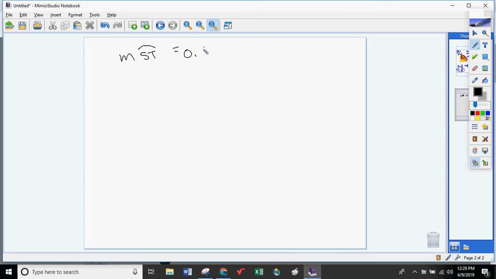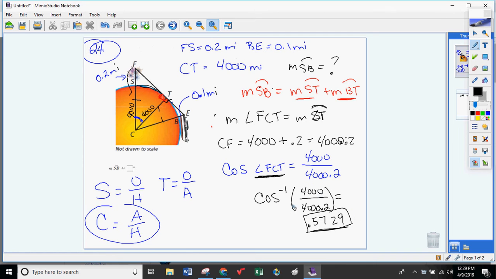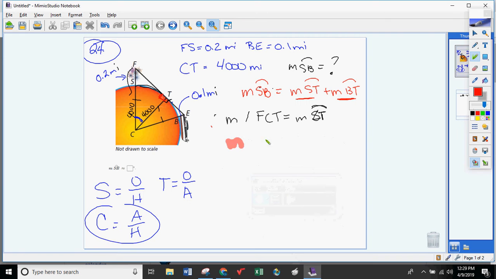So the measure of arc ST is 0.5729. Now I'm going to go back and do this again to find the measure of angle TCE. I'm going to pause this. The measure of angle TCE will equal the measure of arc BT, and I have to follow the same process as before.